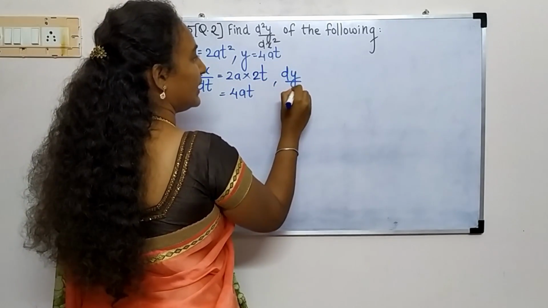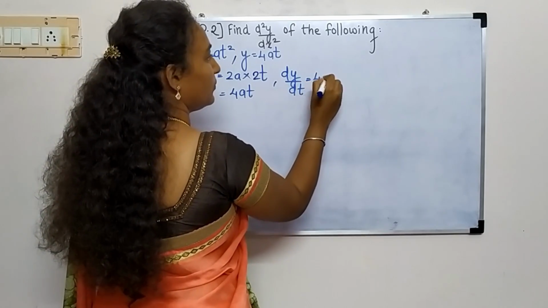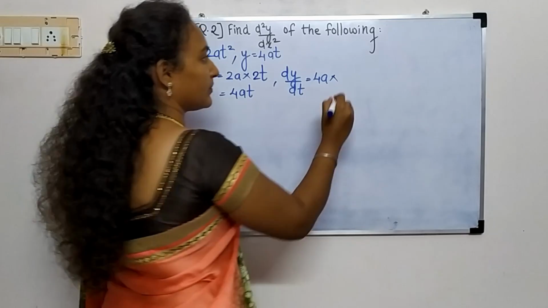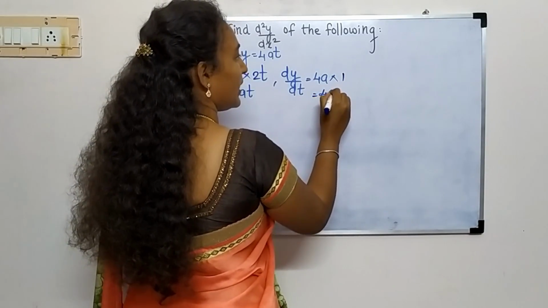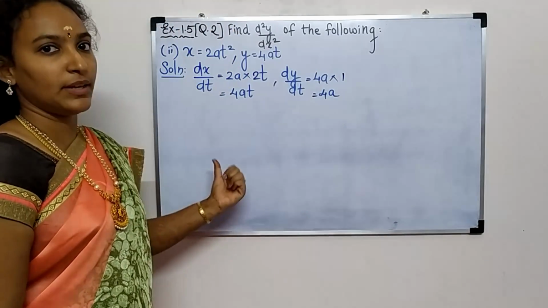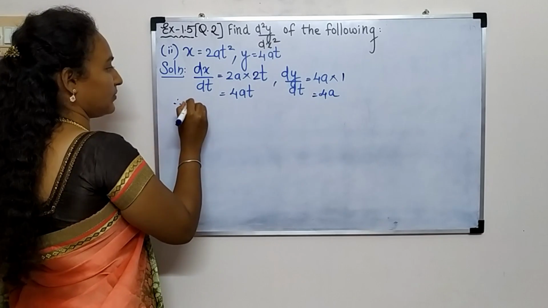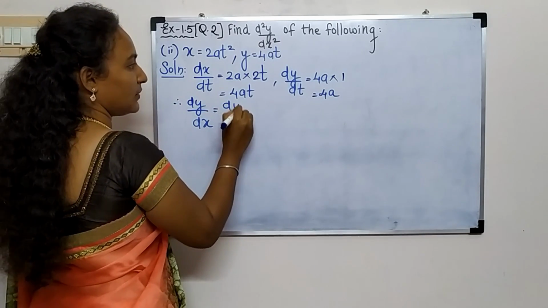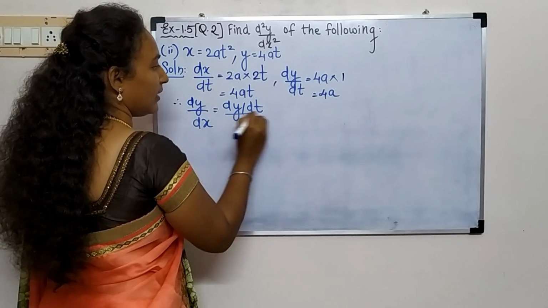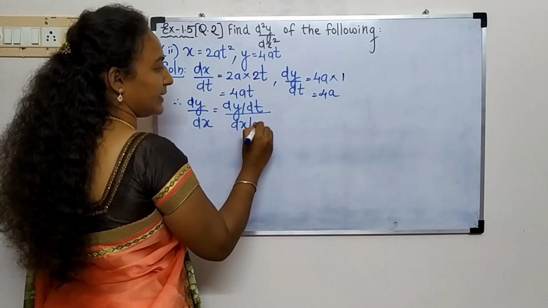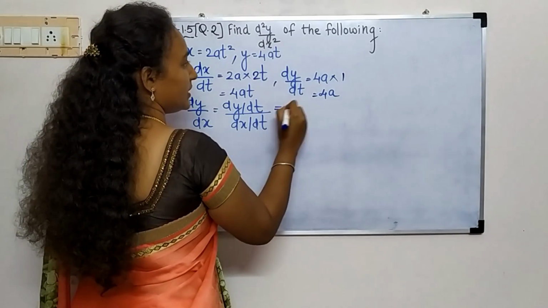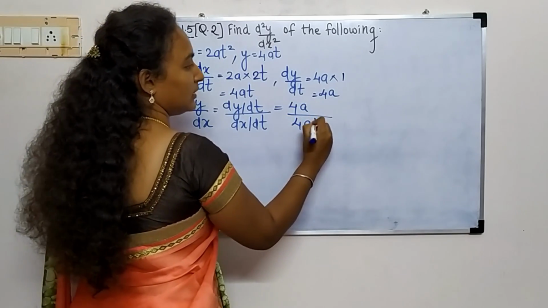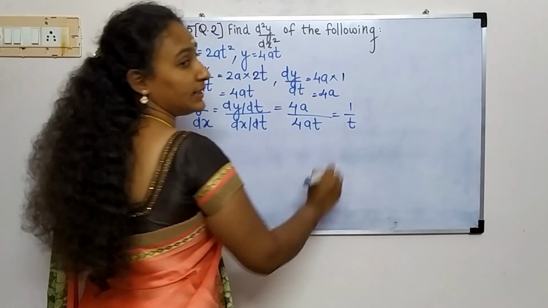Similarly, dy by dt is 4a multiplied with derivative of t is 1. So this is equal to 4a. Now we can calculate dy by dx. Therefore, dy by dx is equal to dy by dt upon dx by dt, which is equal to 4a upon 4at. That will become 1 by t.